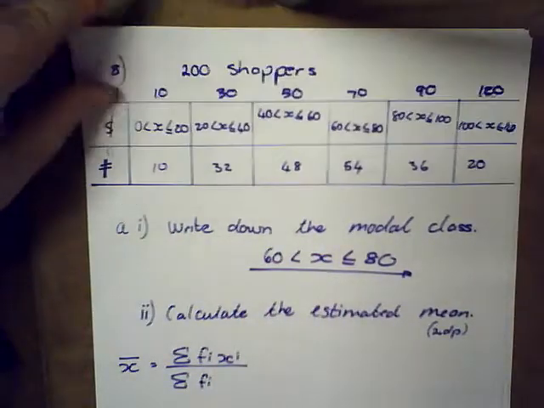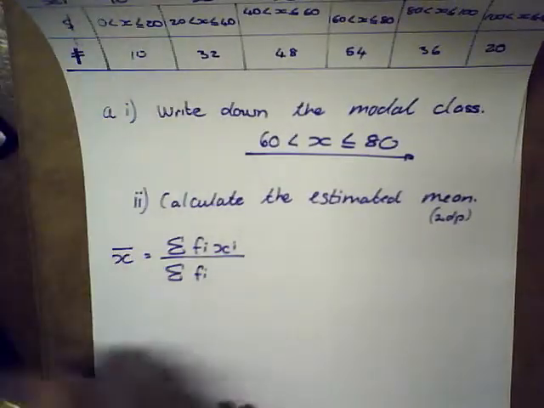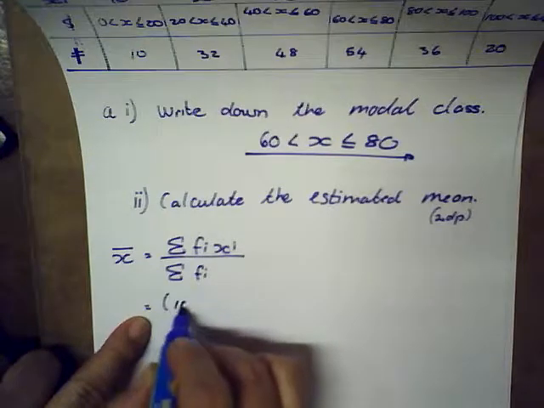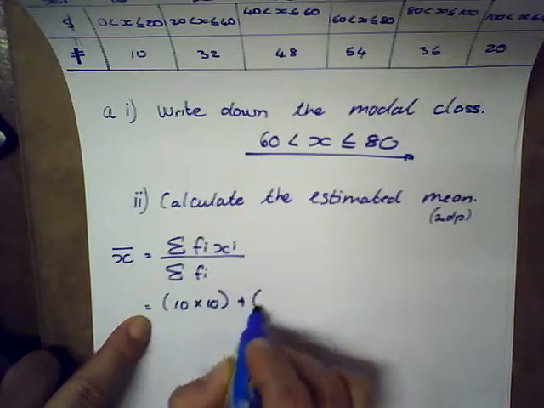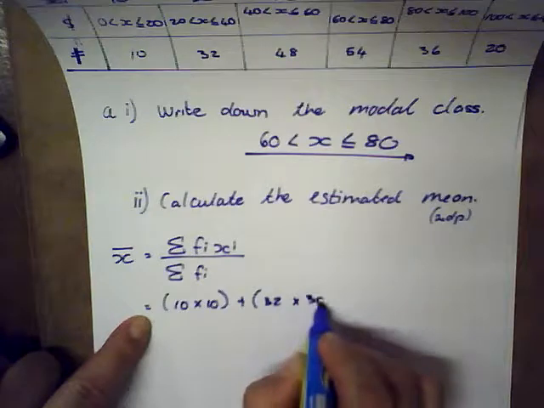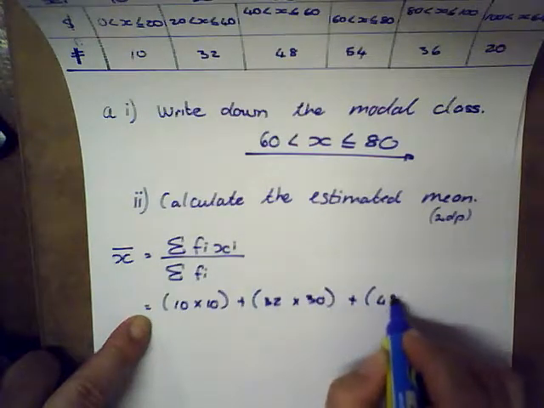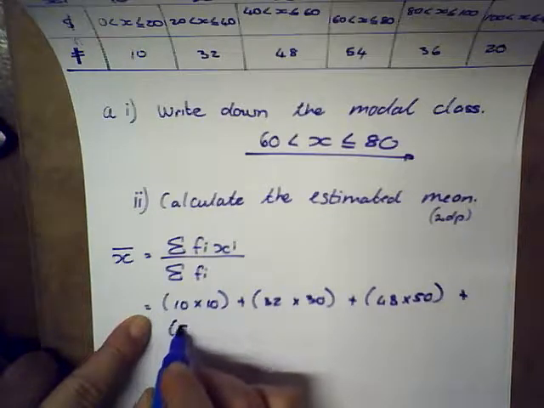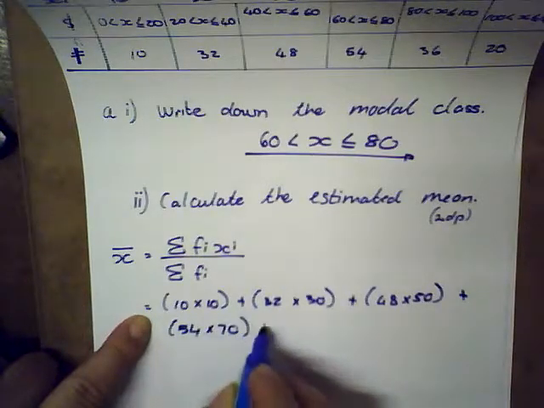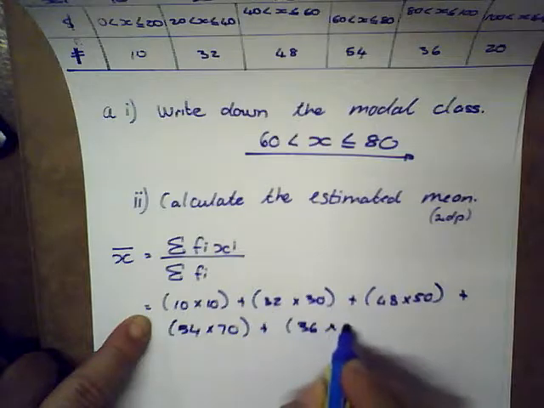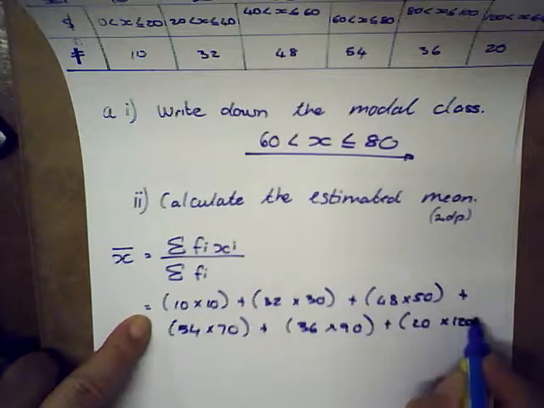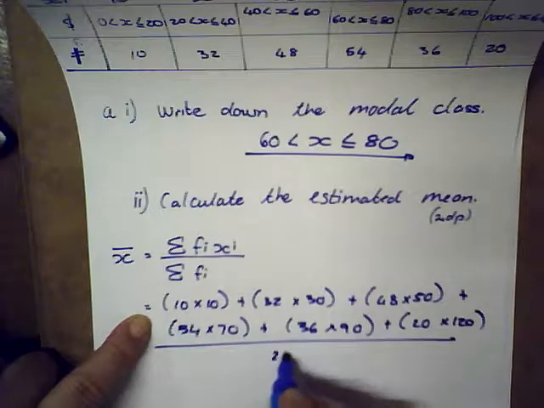Okay, so fi is my frequency and xi is my mid-class value, and I'm going to be the sum of them. So it would be 10 times 10 plus 32 times 30 plus 48 times 50 plus 54 times 70 plus 36 times 90 plus 20 times 120 all over 200.